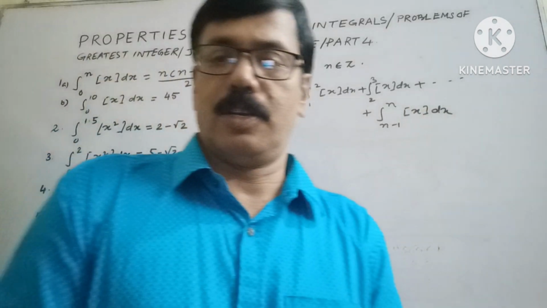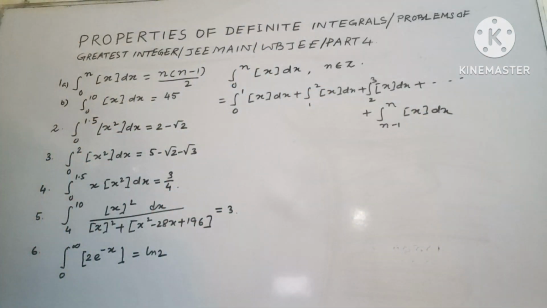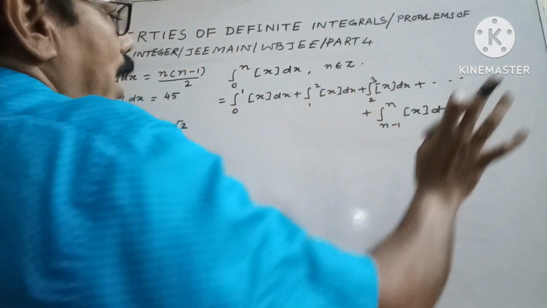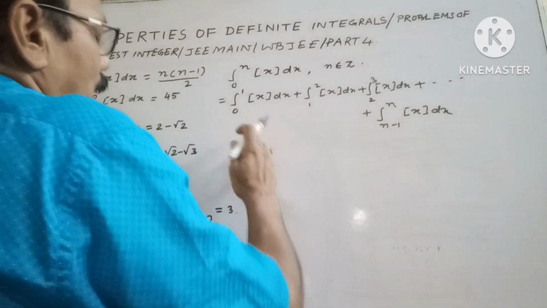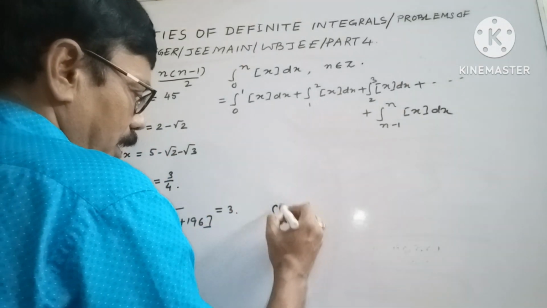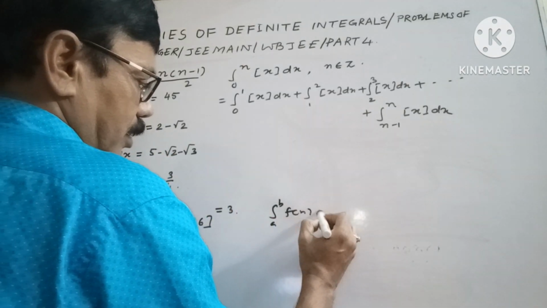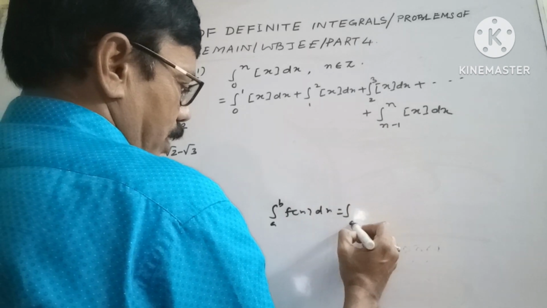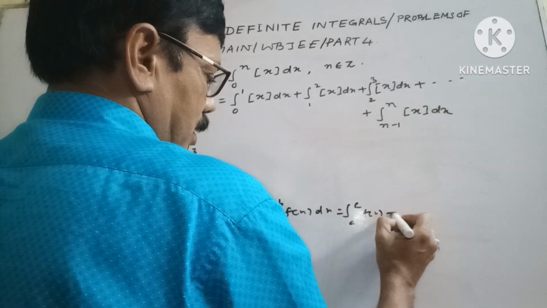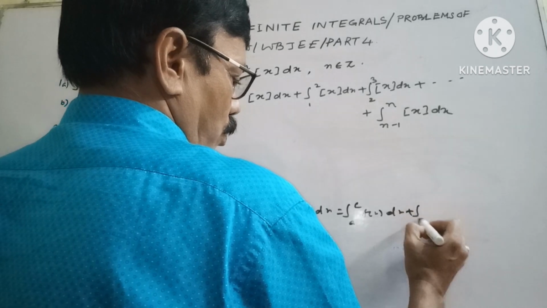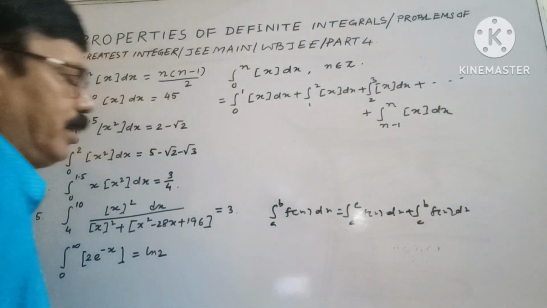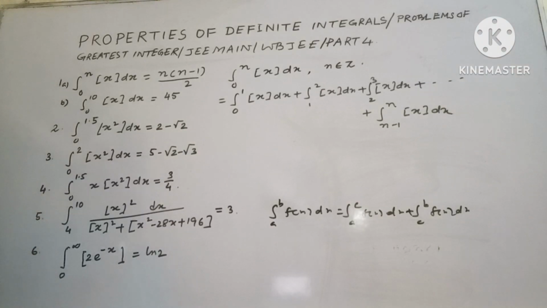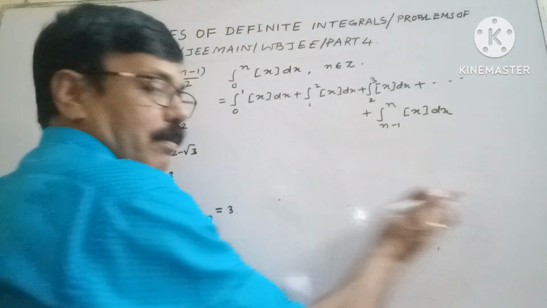It is not continuous at 1, 2, 3, 4 and so on, the integer points. So you can write it by this property: integral a to b f(x) dx equals integral a to c f(x) dx plus integral c to b f(x) dx, where c is a point between a and b. This is the relevant property.